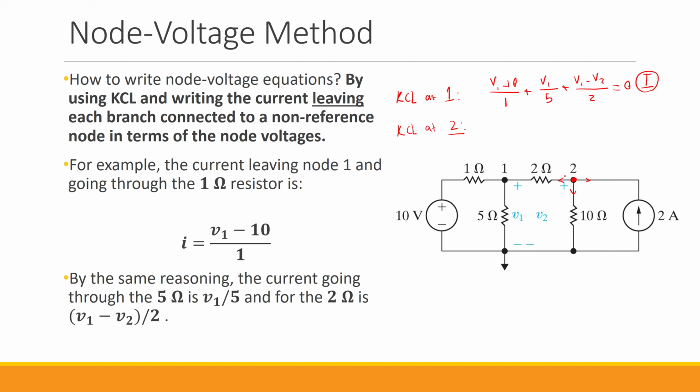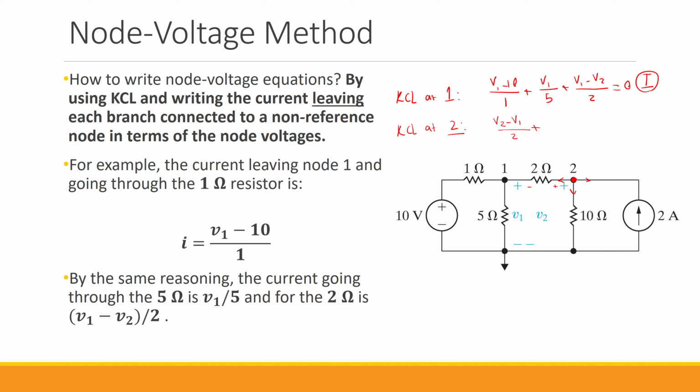So if we have a current leaving node 2 going through this 2 ohm, the polarity following the passive sign convention would be like this. So what is the current here? It's going to be V2 minus V1 over 2 ohms.